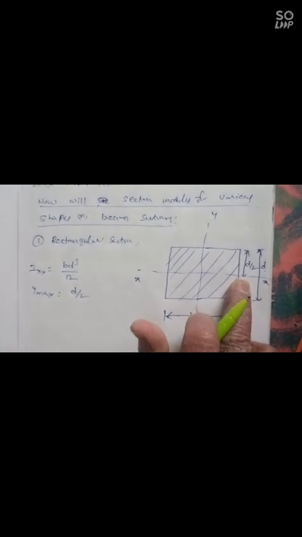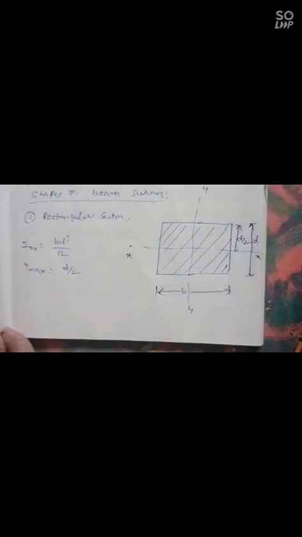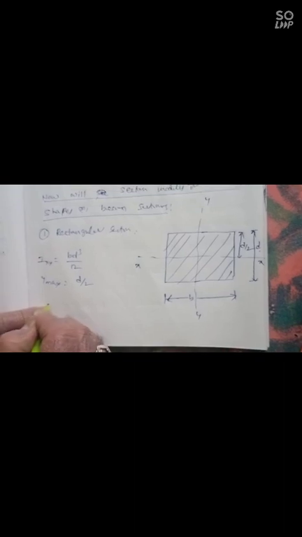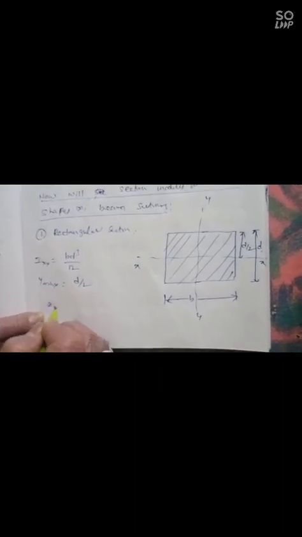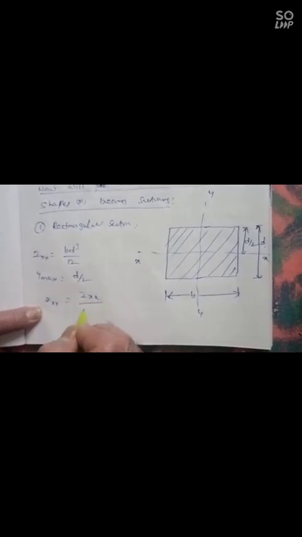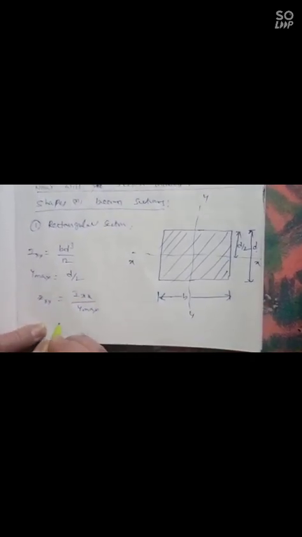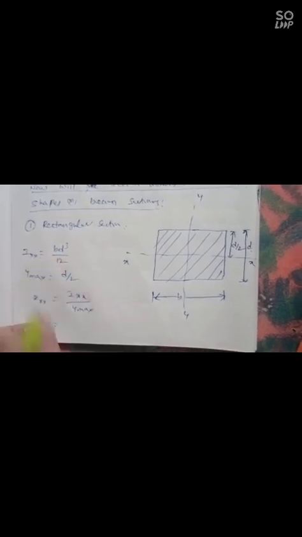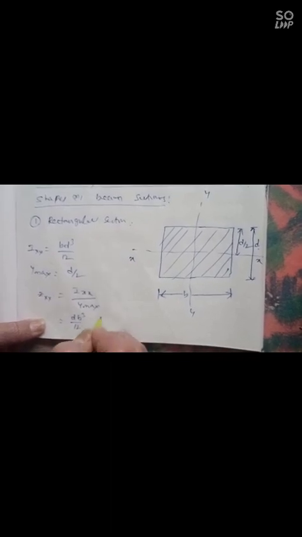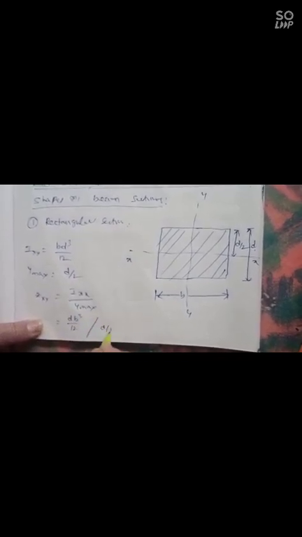So the section modulus Z equal to I by y max. So section modulus about x-axis is equal to Ixx by y maximum, that is b d cube by 12 whole by d by 2.